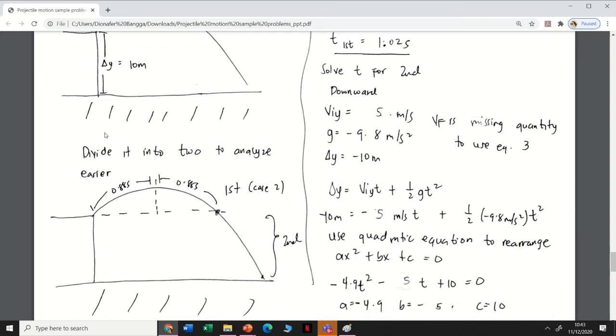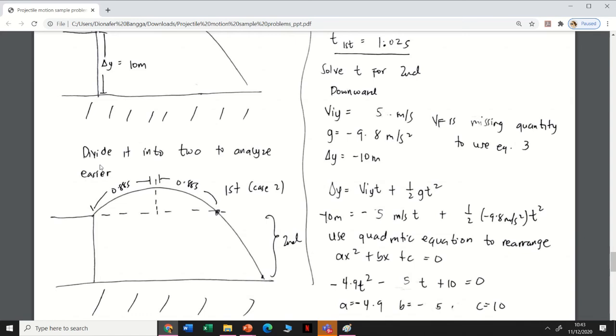And since this is a downward kind of free fall, we would indicate it as negative 10 meters. Okay, so much for the givens. You have these three givens, and the unknown value in here is the time. So out of the five kinematic quantities, the remaining missing quantity is the final velocity.